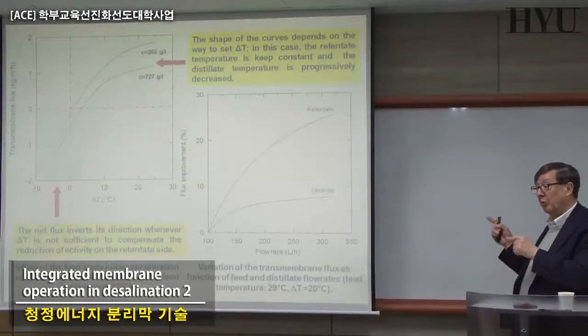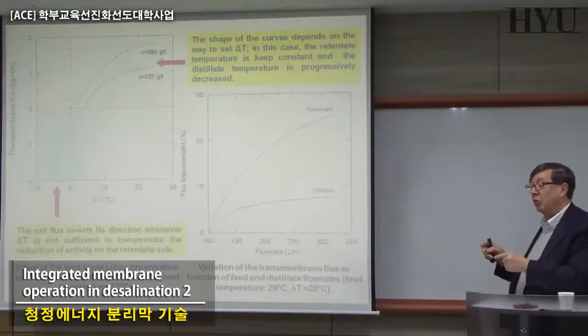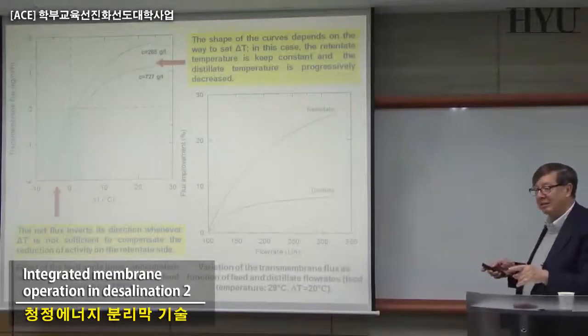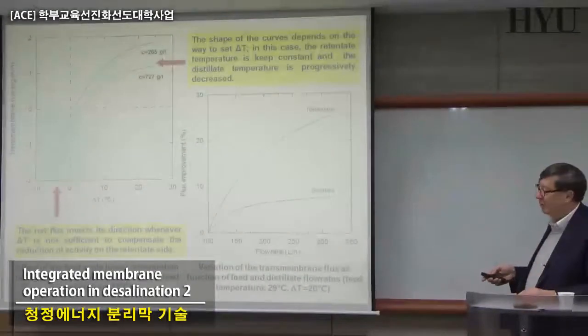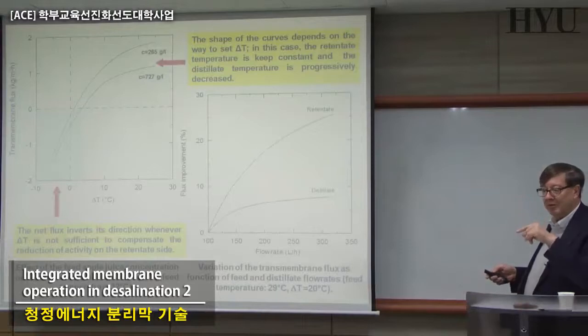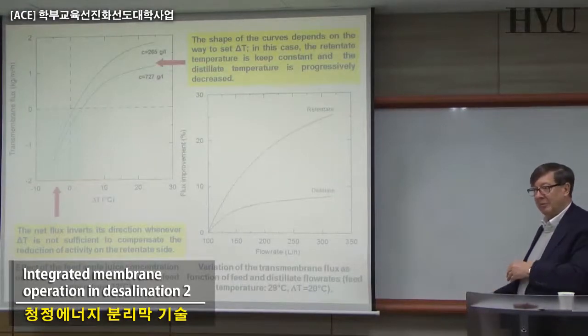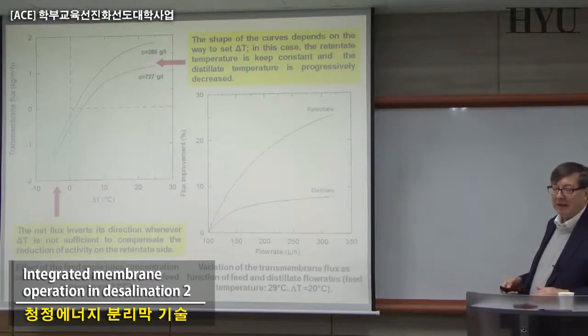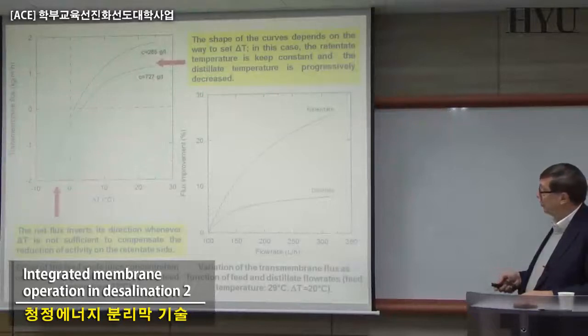Second, the configuration can be different. You can have vacuum, you can have condensation on one side and evaporation on the other, which means that the way in which you realize your delta T is very important. You can have totally different behavior if you cool down on the permeate side and increase temperature on the feed side, and if you do vice versa.